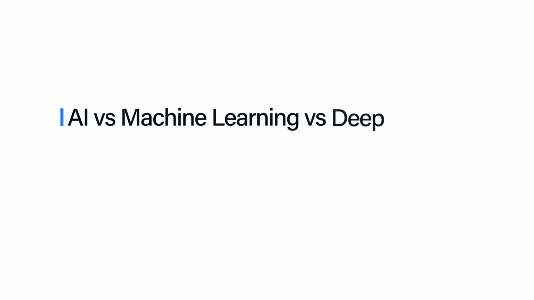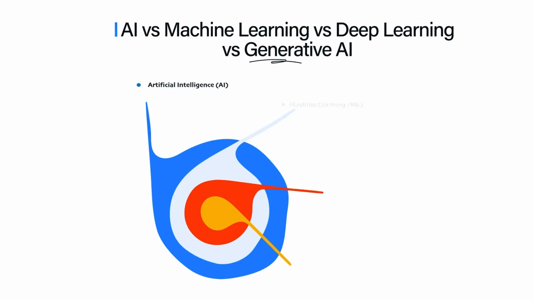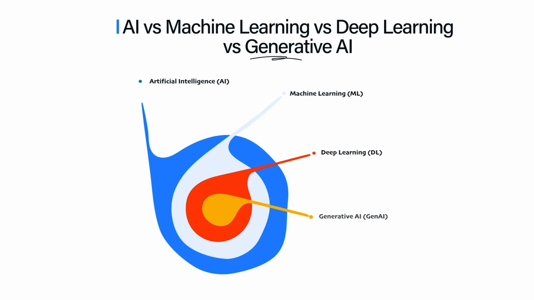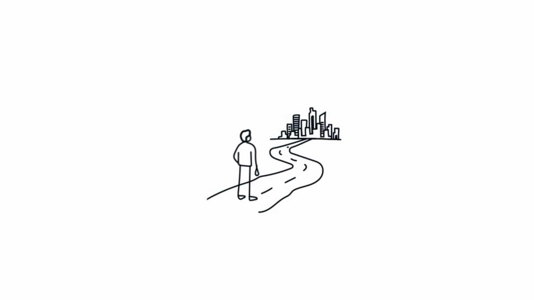Okay, so AI, machine learning, deep learning, and generative AI are very closely related terminologies, so they're not very divergent ideas. And here is a simple analogy to show you how they fit together. Imagine you wake up in the morning and you're deciding on how to get to work. And let's say you decide you want to get to work faster.